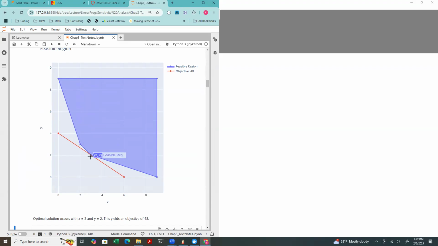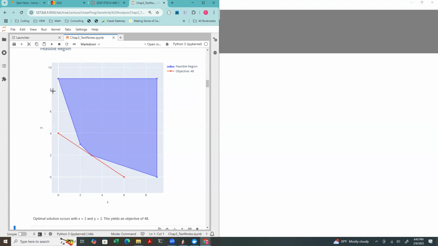Well, in thinking about that, and hopefully from last week you think about that a little bit, one of the things that influences this red line segment that forms the objective function is the slope of it, right? If the slope of this line is a little bit different, I could see this point now being the optimal solution, or this point, or potentially this point even.